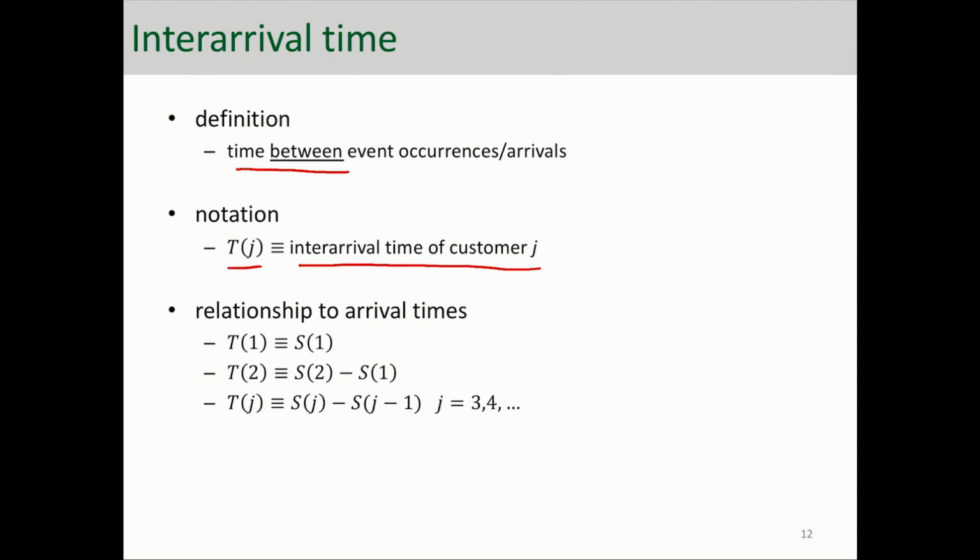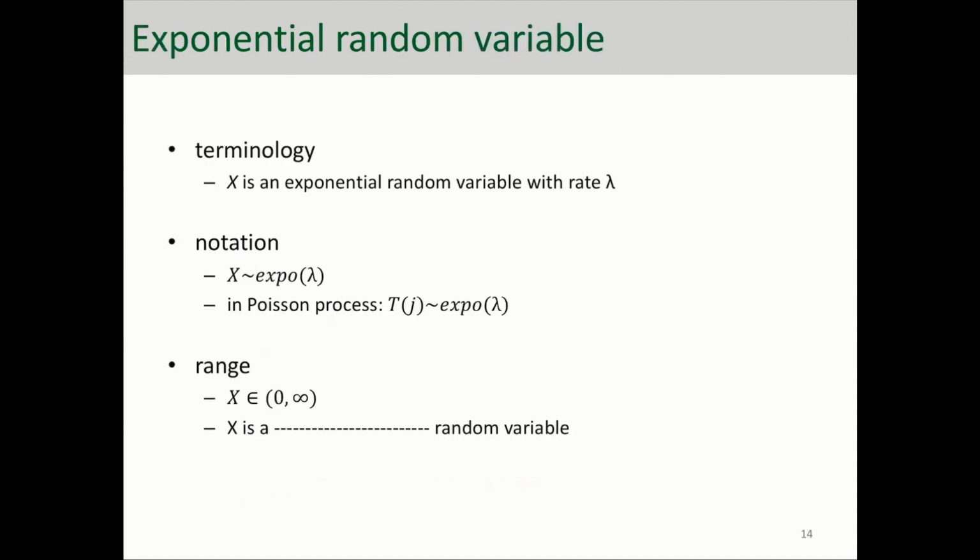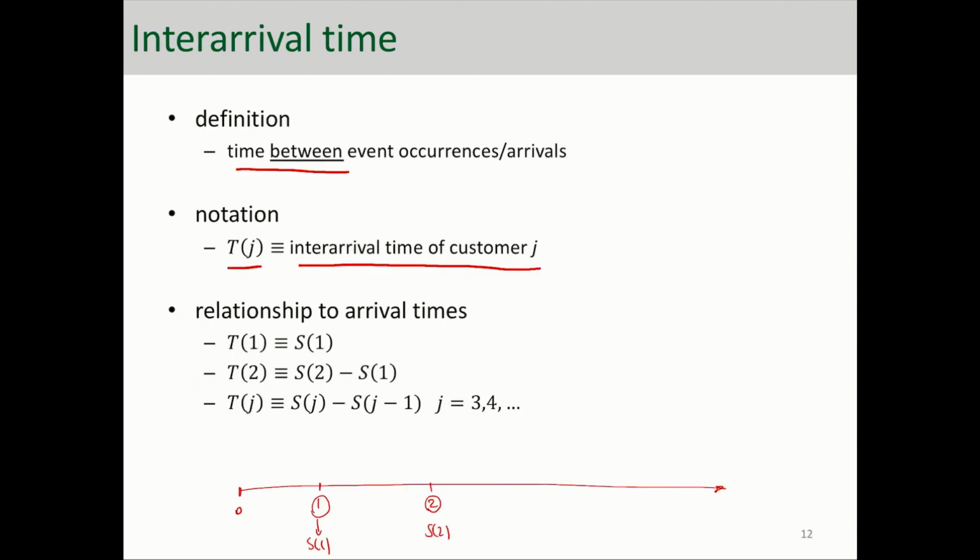If I want to put that again graphically, think about an arrival process. This is time 0, and then maybe here the first customer arrives, right? So that point in time is S of 1. And then sometime later, the second customer arrives, that point in time is S of 2. And then sometime later is S of 3 when the third customer arrives.